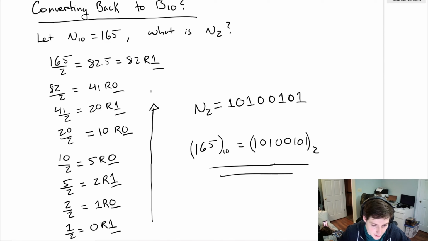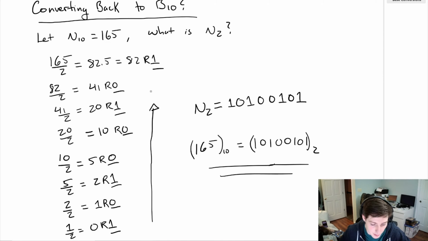What we're going to do from that is take this 82, divide it by that base again, and that's going to give us 41, or 41 remainder 0. And we can keep following through to get our remainders until we get all the way down to a 0 value, remainder 1.